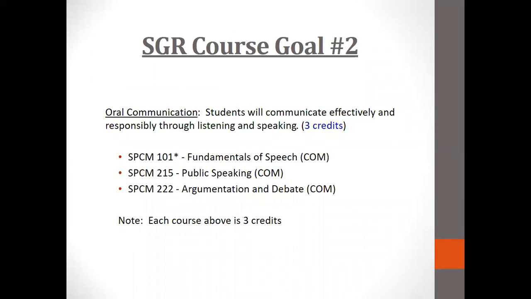Your second goal, similar. It's your oral communication. They want to make sure that students are able to communicate effectively and responsibly through listening and speaking with each other. So speech, that's the biggest one. Majority of people take speech. Certain majors will have you take public speaking as well, or argumentation and debate.